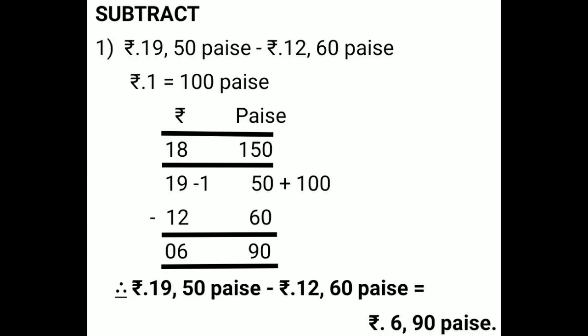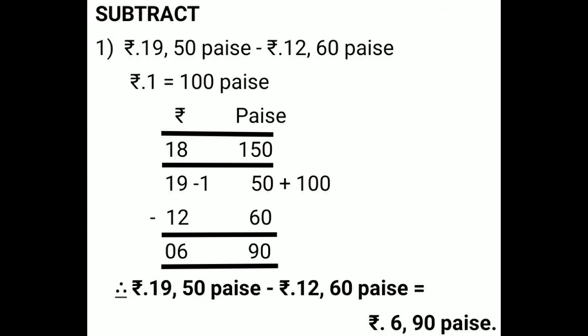On observing, we realize that we can carry out subtraction between 19 and 12, but we cannot subtract 60 from 50. Thus, we'll have to borrow 1 rupee from 19 rupees and add it as 100 paise to 50 paise, which will give us the revalue to be 18 rupees and 150 paise.